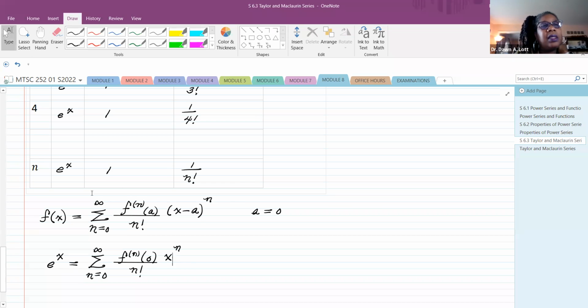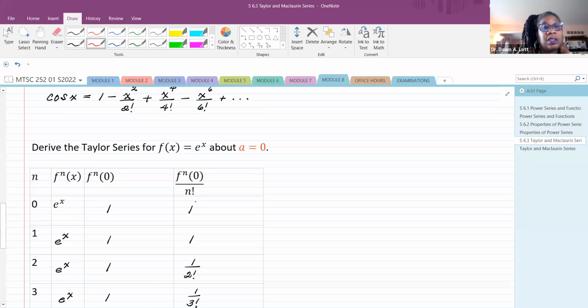So now what I need to do is plug in this square right here. The formula that I came up with, let's go back, see here it is, the formula that I came up with for the nth derivative at 0 over n factorial.